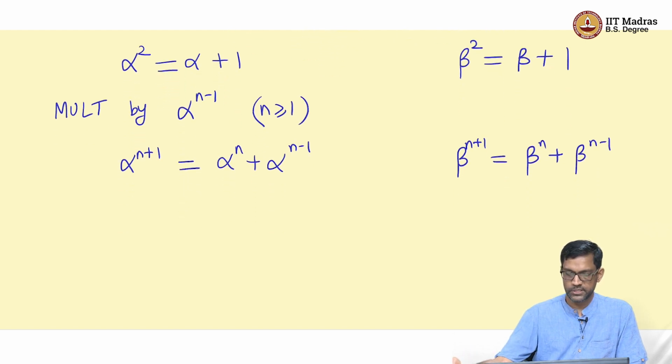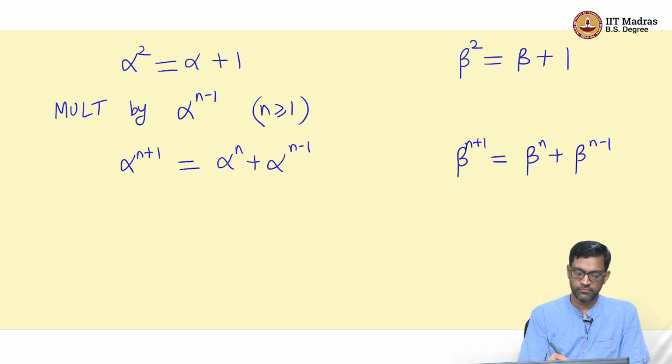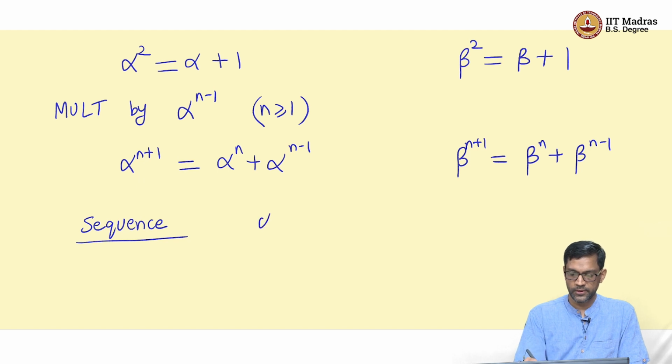Now, this already reminds us of the Fibonacci recurrence. So, consider the following sequence, just like the Fibonacci, except these are all now real numbers. Consider the sequence 1, alpha, alpha squared, and so on. Let us call a_n to be alpha to the n, where n goes from 0, 1, 2, 3, etc. In other words, I am looking at the powers of alpha.